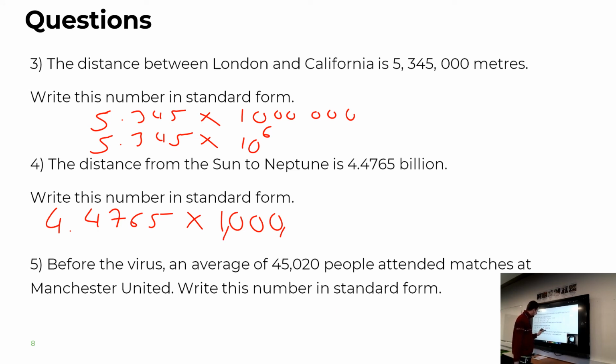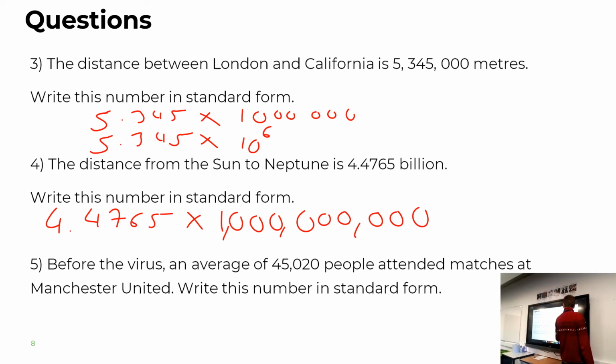So we've got 1,000 here, and we've got the million part, which is going to be another 6 zeros. Okay, and now we can put it into nice standard form. So we've got 4.4765 times 10. How many zeros do we see? This is 10 raised to 9.